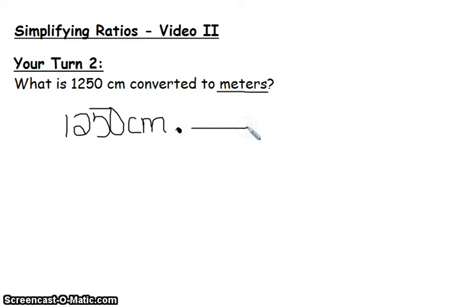And we want to convert that to meters. What we talked about in the last video is how we have to have common units to divide out. And since we have centimeters, we want centimeters here in the bottom of our fraction so that these two easily divide out. Hopefully you looked this up, but there are 100 centimeters in 1 meter.